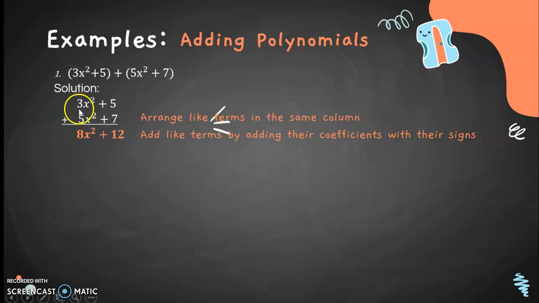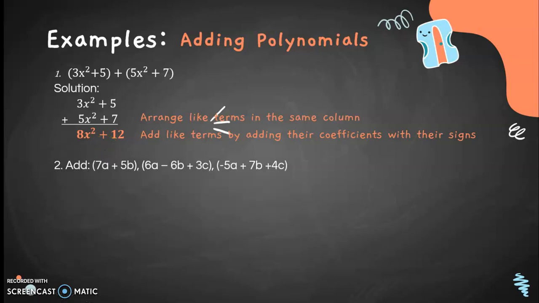The signs are both positive, so we add. 3 plus 5 is 8, and then copy the literal coefficient x squared. For the constant terms, 5 and 7, same sign, positive, so add and copy the common sign: plus 12. That is now the answer: 8x squared plus 12. Okay, I hope you understood.